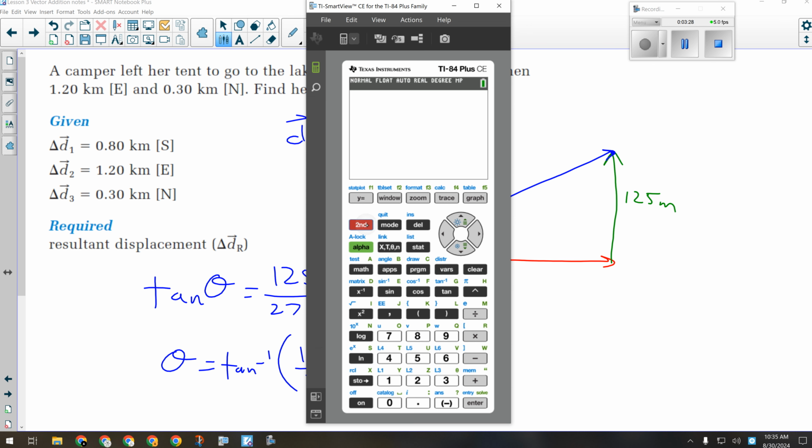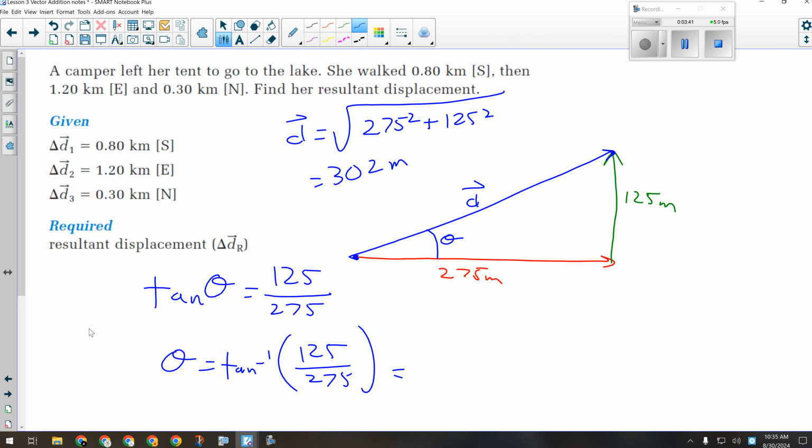So inverse tan of 125 divided by 275. Oh man, mind like a steel trap. Okay, all right, so 24.4 degrees would be my angle there, so I'm just going to write that in, 24.4 degrees.